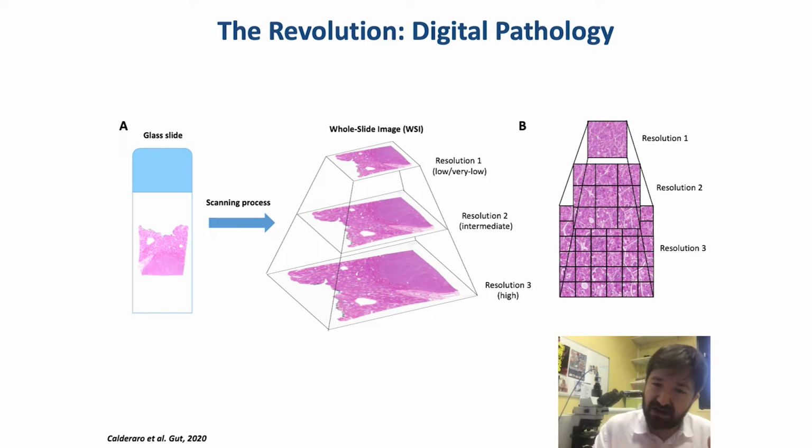The slides are encoded in a complex format. I won't go into too much technical detail, but we really can investigate the slide just as with our microscope, at different magnifications. And this is due to particular properties of these digital files.